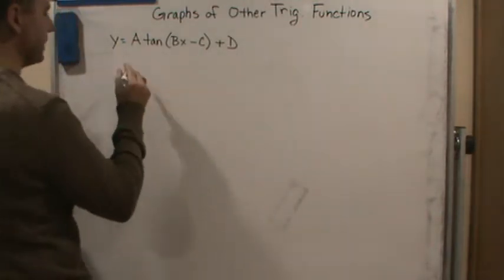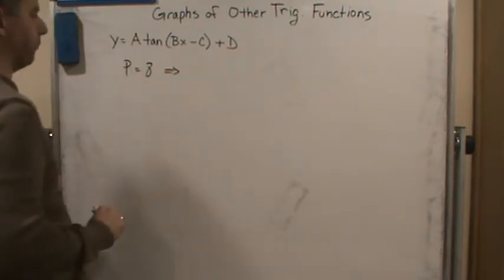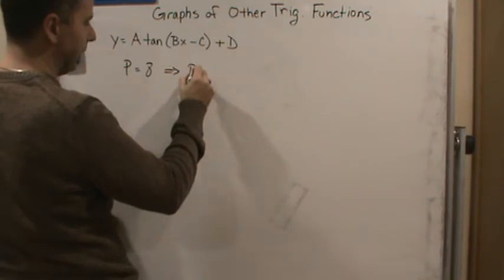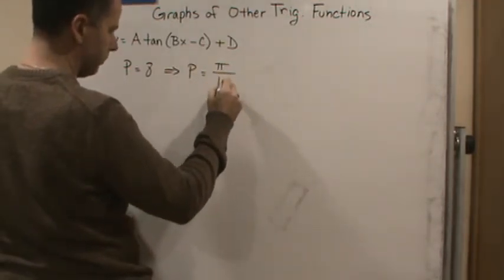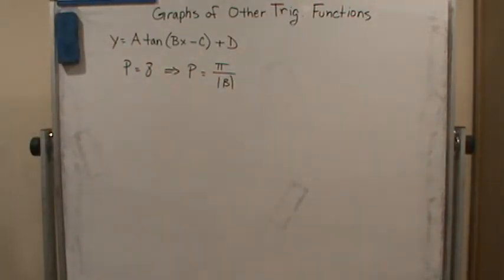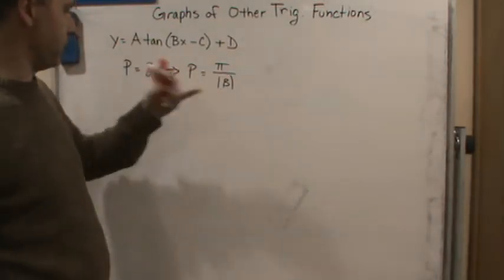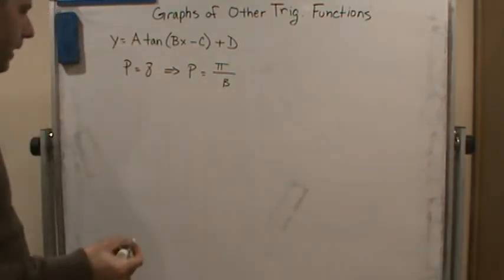Now, since the period is 8, that tells us we can solve for b, right? Because p equals pi over the absolute value of b, right? And in this case, since p is positive, and we know b is positive, we can just drop the absolute value signs here, because b is going to be positive.